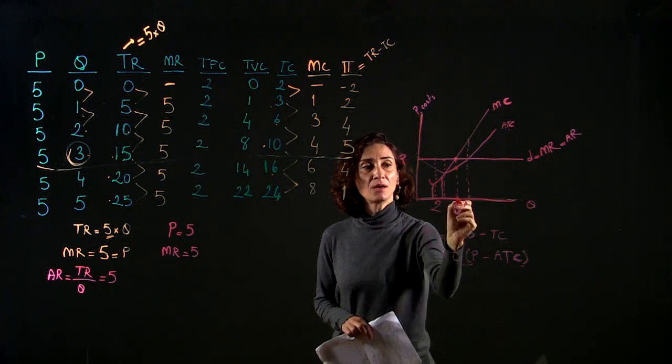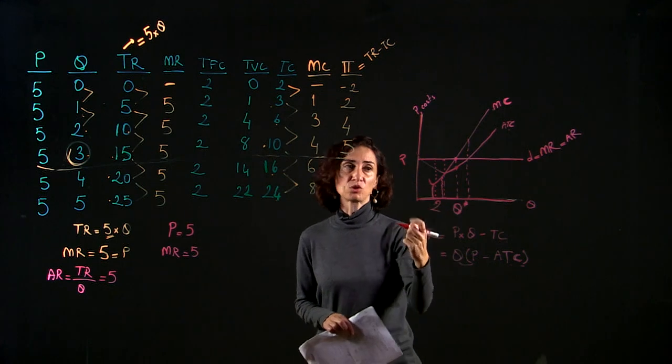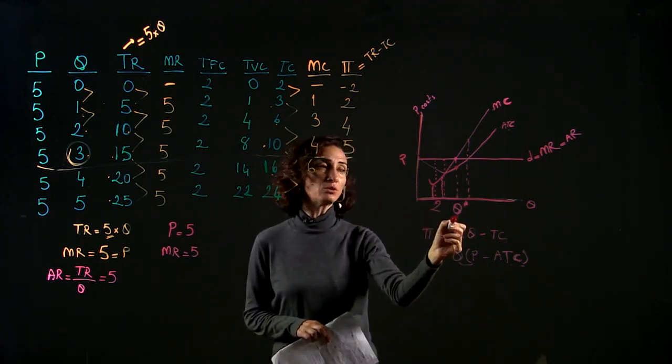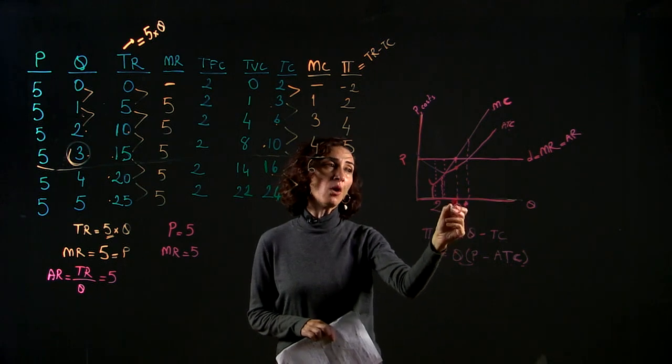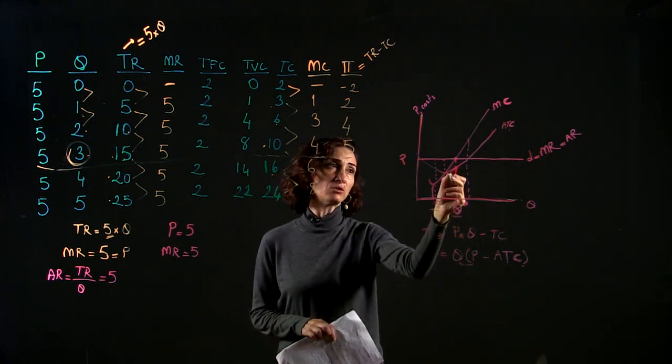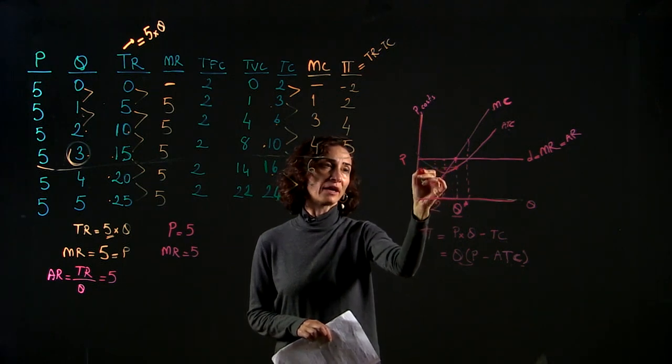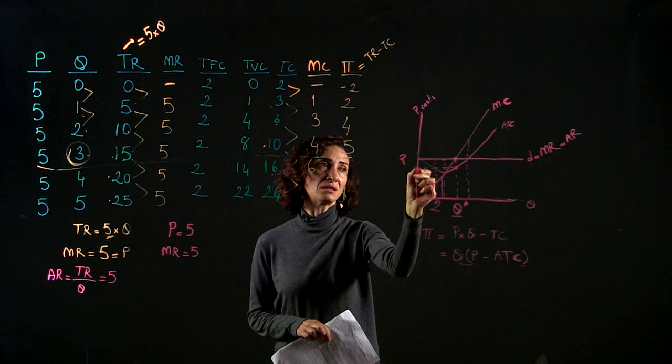This is where I want to mark. What I'm asking myself is this question: what is the average total cost if I produce this quantity? You go up from the quantity to the average total cost curve. Okay, see this number.